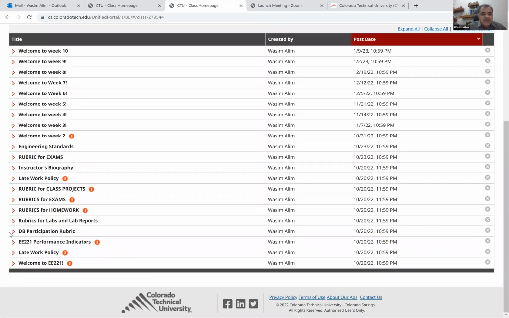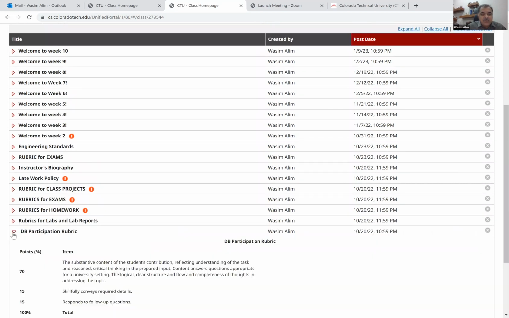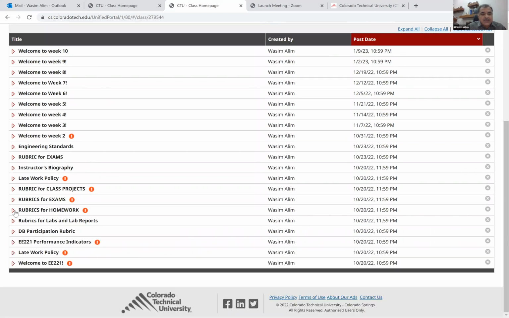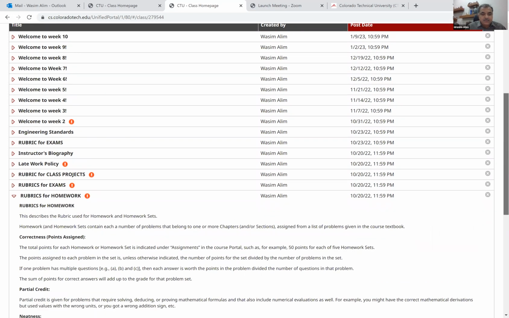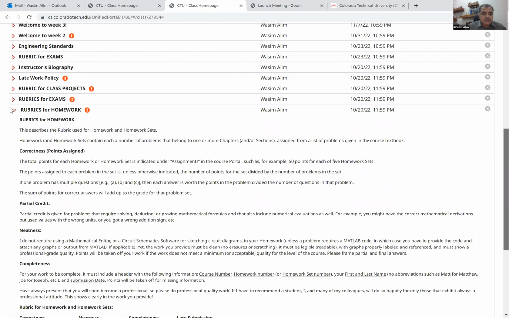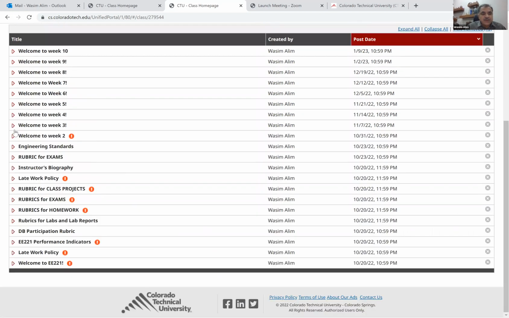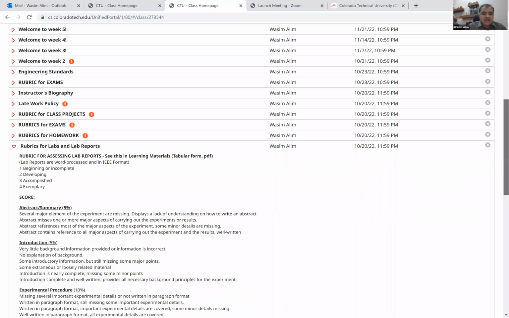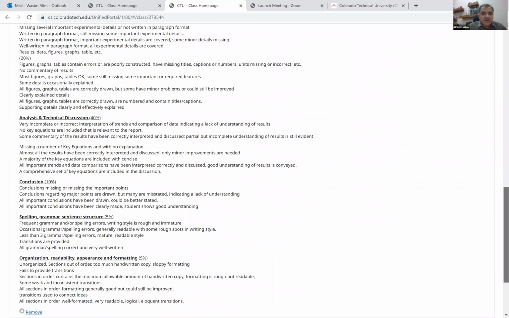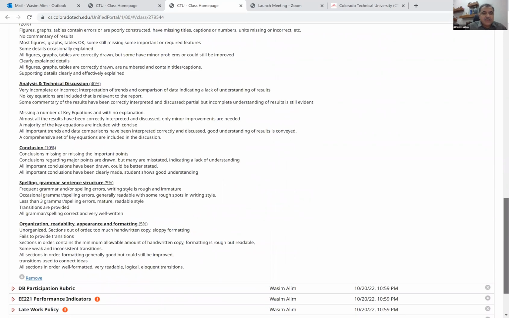Then the discussion board rubrics are listed here. Homework assignments, rubrics. And also rubrics for the lab assignments, the format in which the lab should be presented. This is very detailed information, and how the lab assignments are going to be assessed.